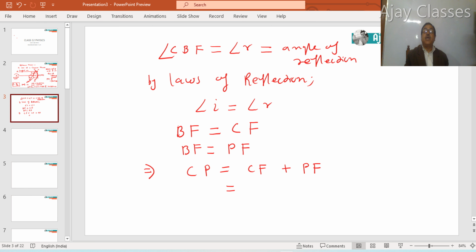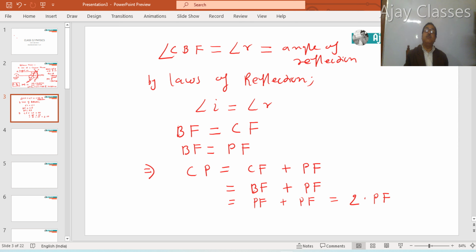So write here the value of CF, which is equal to BF and PF. BF is also equal to PF, and this is also equal to PF. We get the value twice of PF.